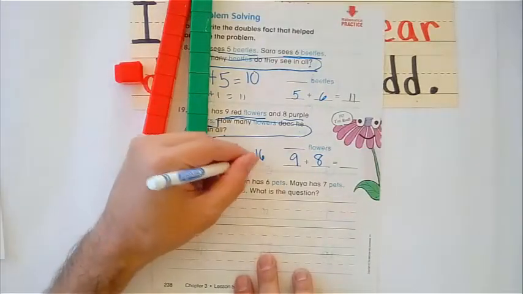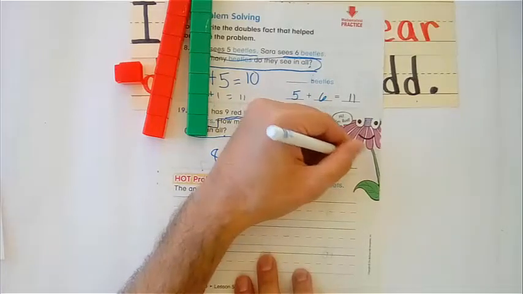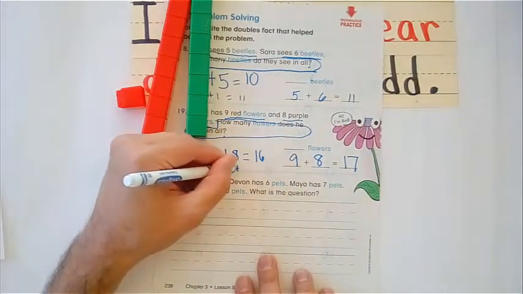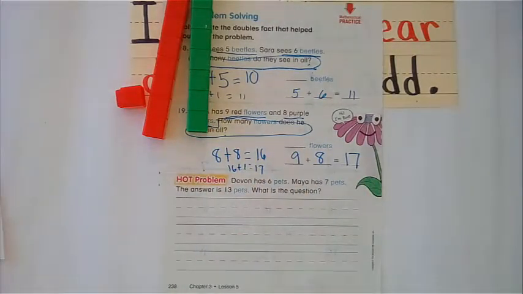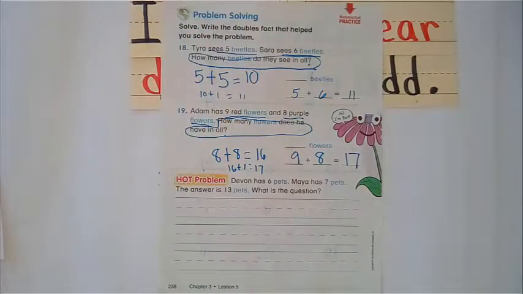So what's 1 more than 16? That's right, that's 17. So 1 more than 16 is 17, right? 16 plus 1 is 17. So 17 is the answer. So I used 8 plus 8 to help me. That was my doubles that I used.